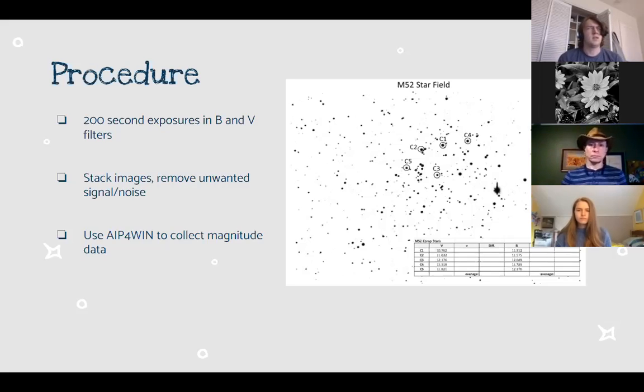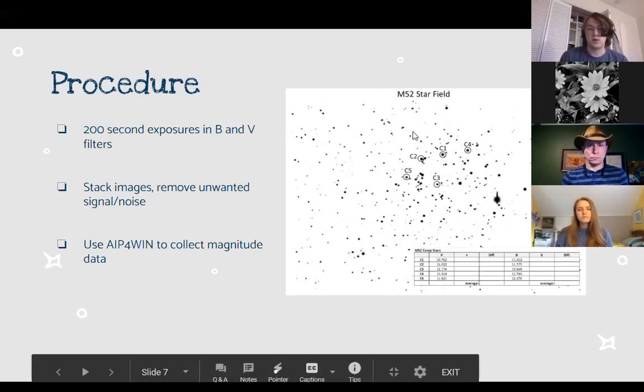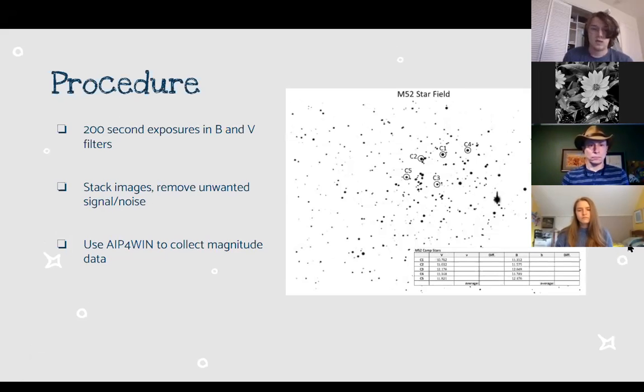I think this was a multiple hour process. We took those images and stacked them to remove unwanted noise or signal. Then we plugged those images into AIP4WIN, and that helped us collect magnitude data.